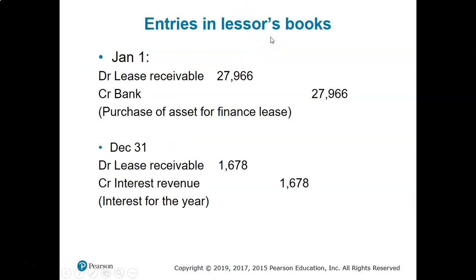When the lessor is receiving or expecting to receive, that is receivable. So lease receivable, interest receivable is debit. The lessor will receive the money, and interest revenue, the amount will come as income from the lessee. That's why he recognizes this amount as income, as revenue.